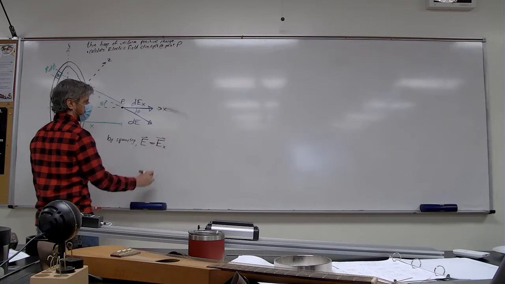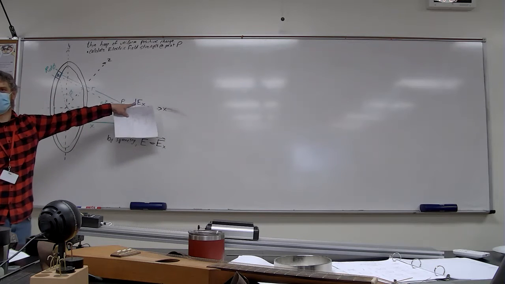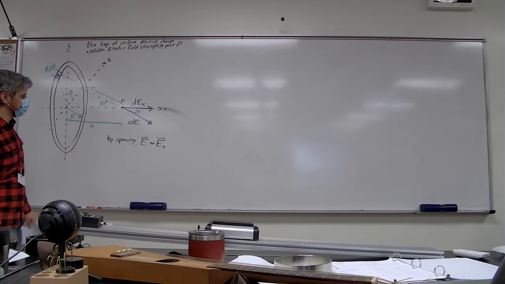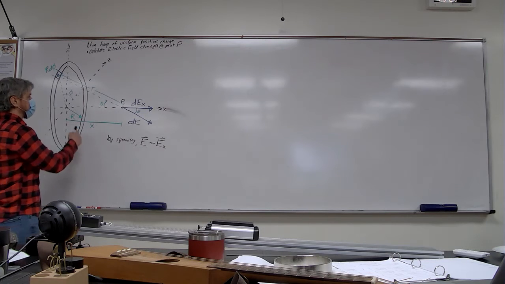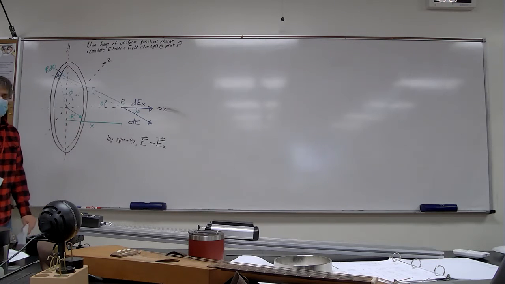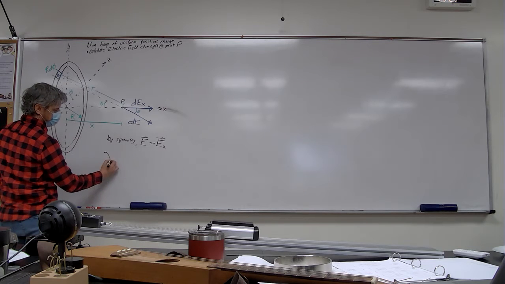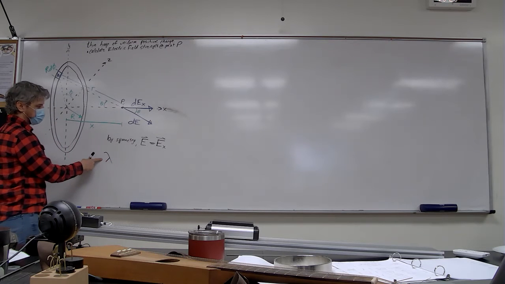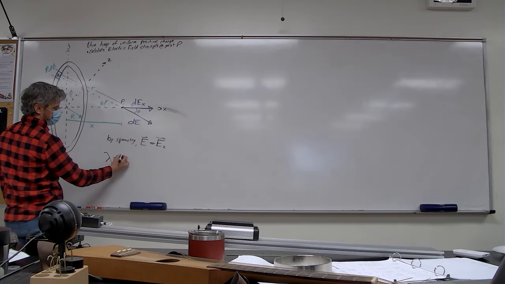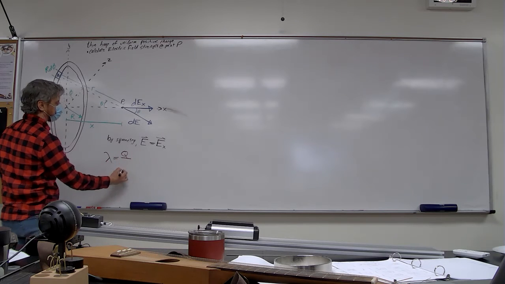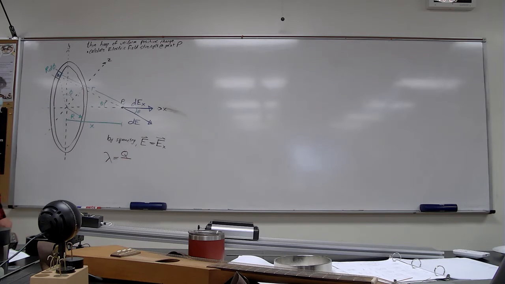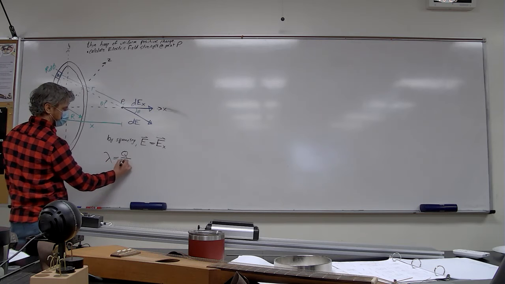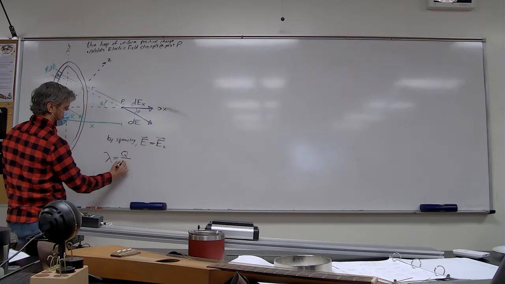So all I need to worry about is dE in the x direction. As always, this is a line of charge. So it's going to be lambda, total charge divided by the length, but because this is a hoop, that's going to be charge divided by 2 pi times big R.